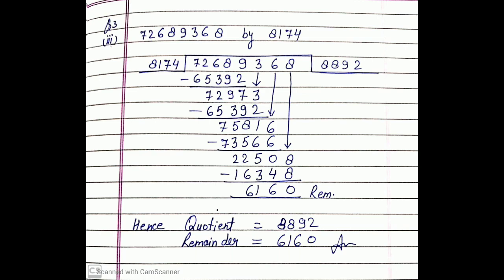Now we have 72,689, which is greater than 8,174. So now we can easily divide, and the same procedure we follow which we did in part 1. So the quotient will be 8,892 and the remainder will be 6,160.